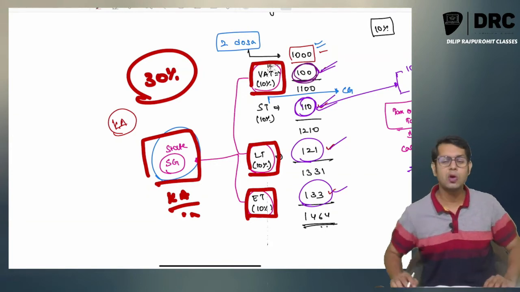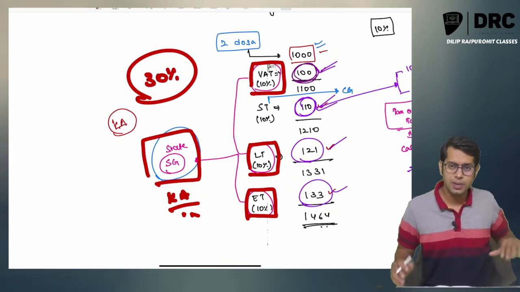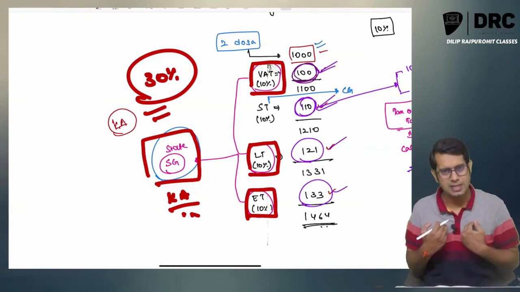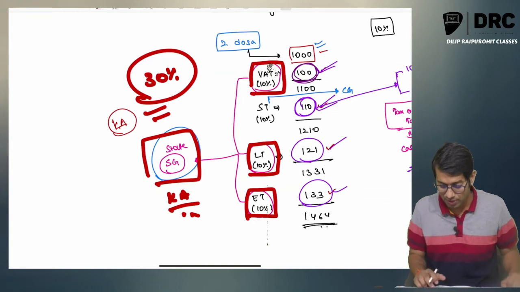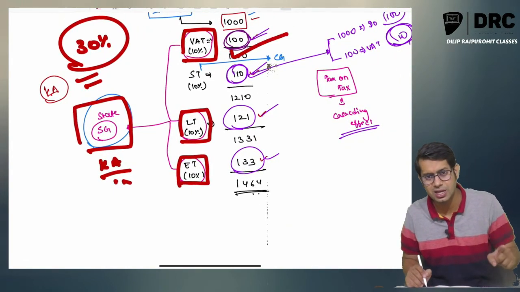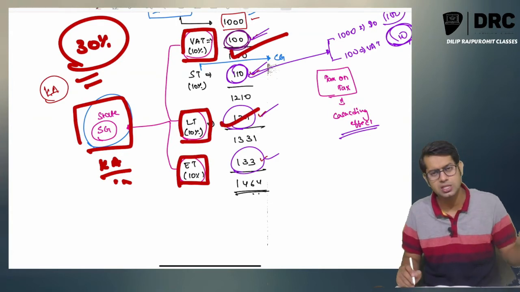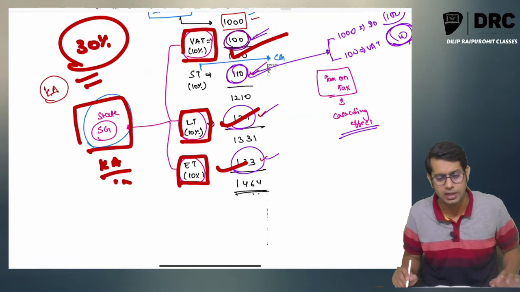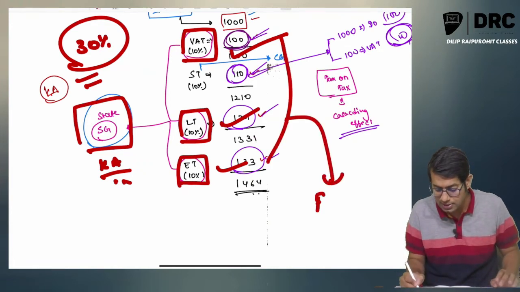But no, they wanted different types of tax, entertainment tax, luxury tax, VAT, etc. And as a businessman, it was very difficult for me. I had to take registration under VAT law also, under this luxury tax law also, and for entertainment tax payment also I had to take registration.